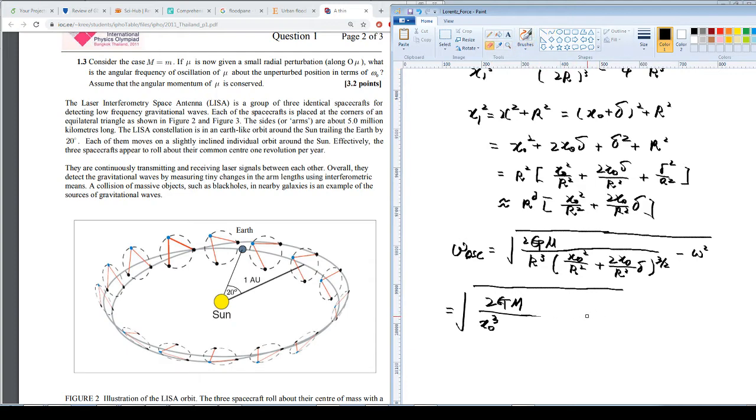And then the binomial will give us 1 minus 3 over 2 delta over x naught.